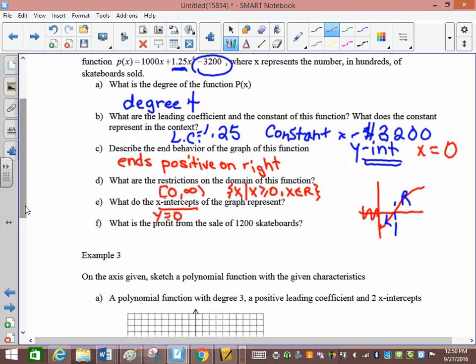Below the x-intercept. I got 3.08 on the calculator.